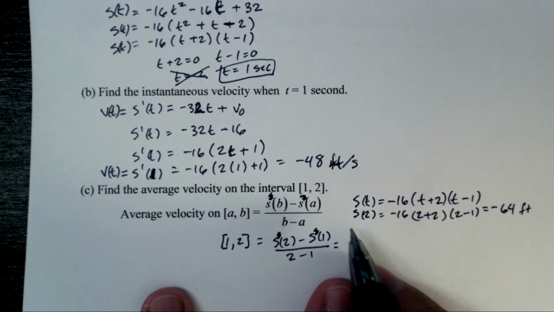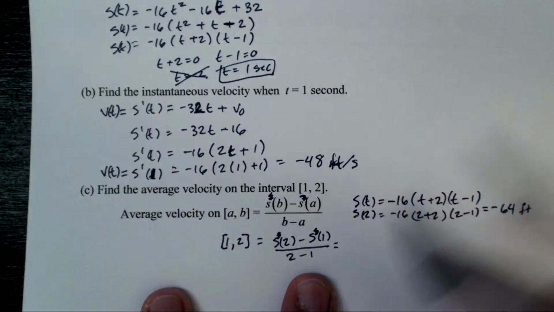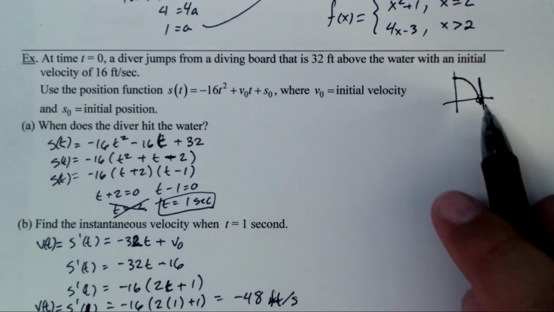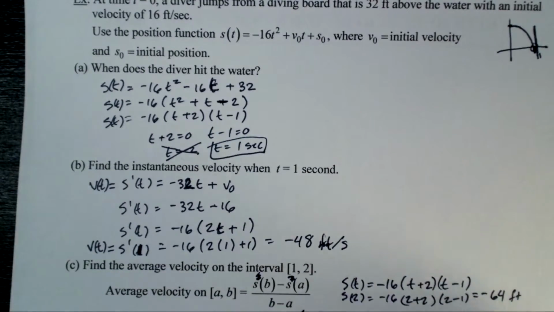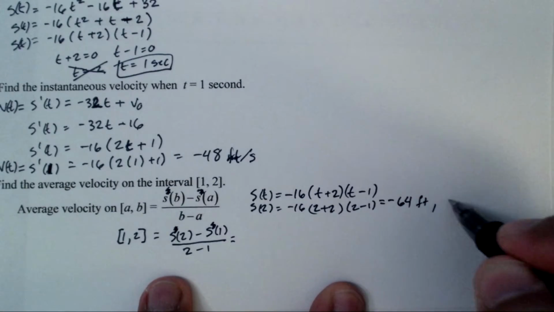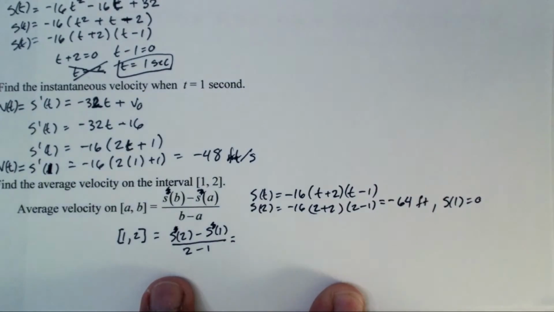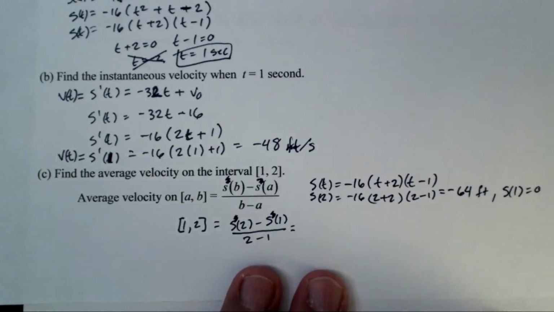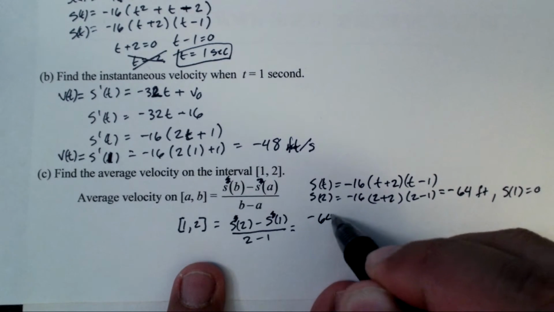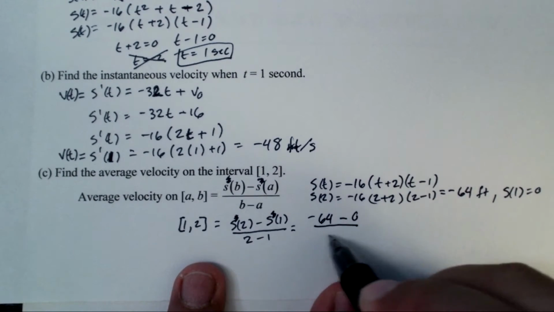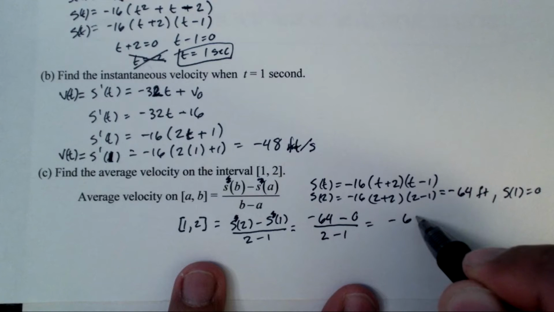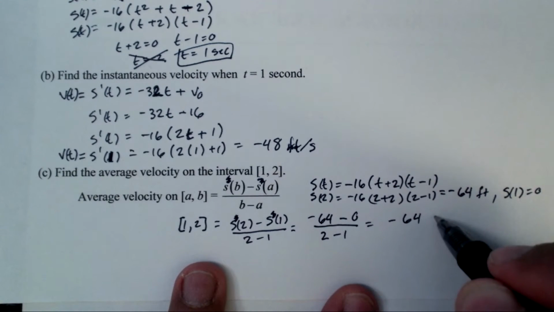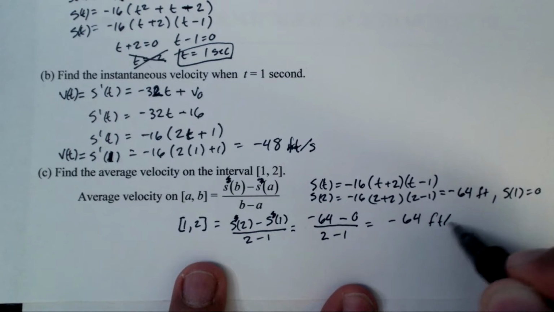If we look at what the value at 1 is, we know that at 1 it should be at 0 from what we calculated. So s of 1 is equal to 0 because that was one of the roots. So if we plug those values in, negative 64 minus 0 over 2 minus 1, that would give us negative 64 over 1, and that would be feet per second.